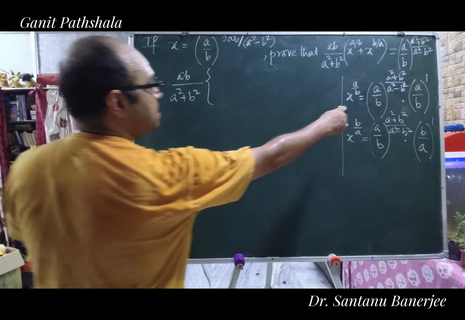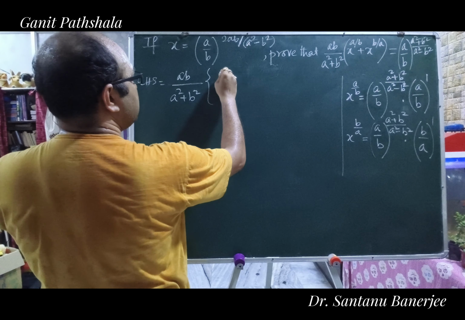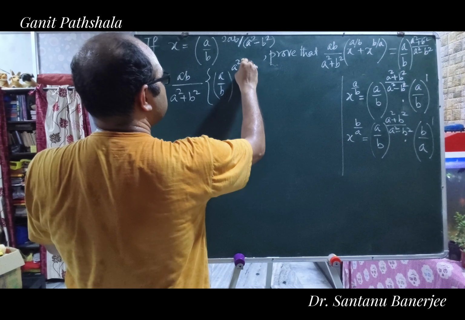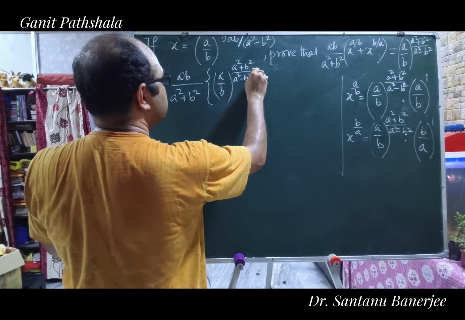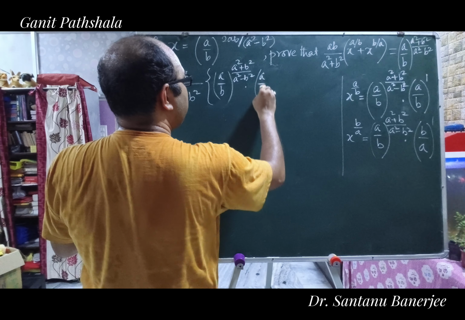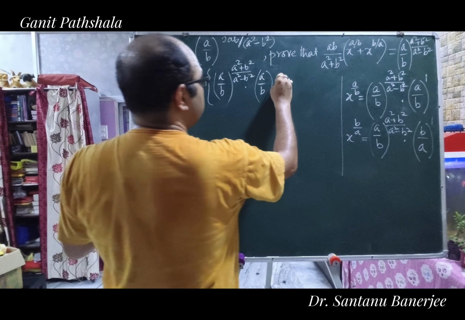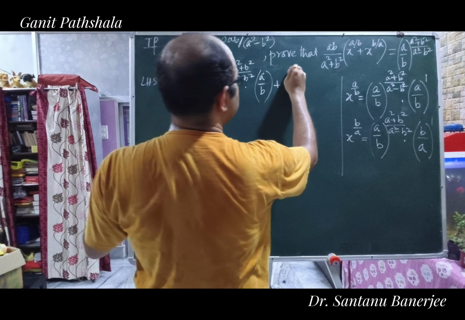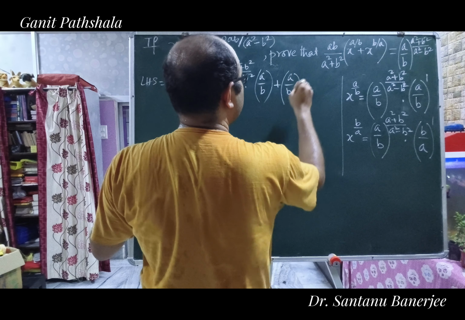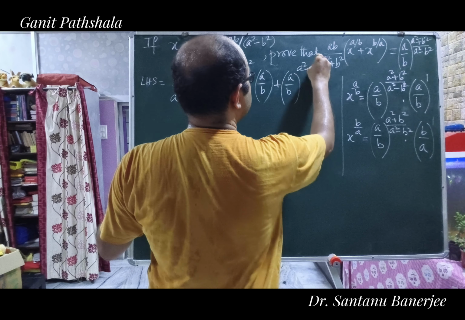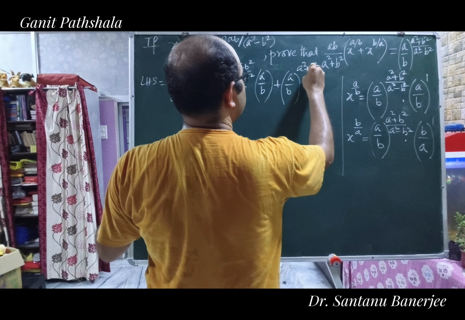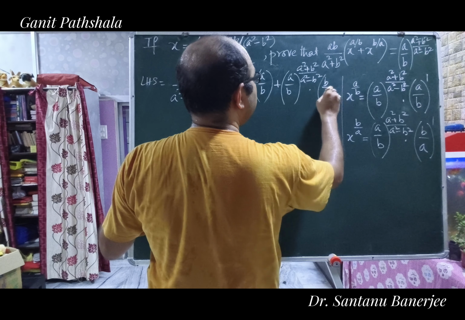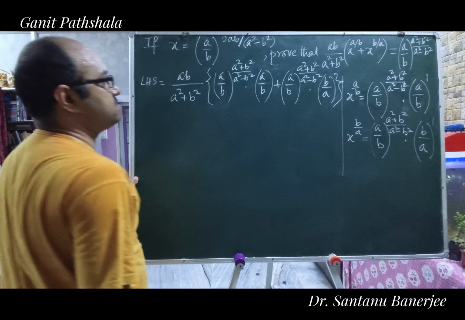So x to the power a by b, you have this, that is a by b whole to the power a square plus b square by a square minus b square into a by b, plus x to the power b by a, that is equal to a by b whole to the power a square plus b square by a square minus b square into b by a.